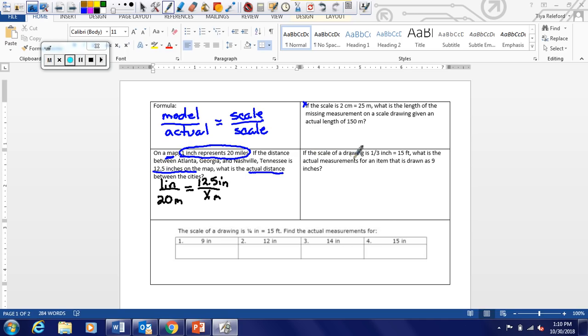The next one says if the scale drawing is 1/3 inch equals 15 feet, scale is a keyword, what is the actual measurement for an item that is drawn 9 inches? So on one side goes your scale. This is your scale right here.